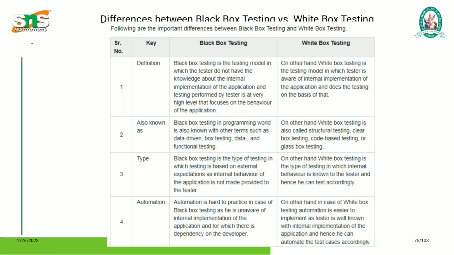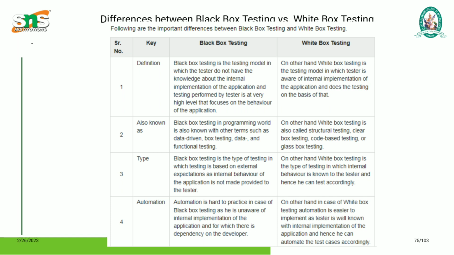Black box testing is the test model in which the tester does not have knowledge about the internal implementation of the application, and tests are performed by the testers at a very high level and focus on the behavior of the application. On the other hand, white box testing is the test model in which testers are aware of the internal representation and do the testing on the basis of what is represented.